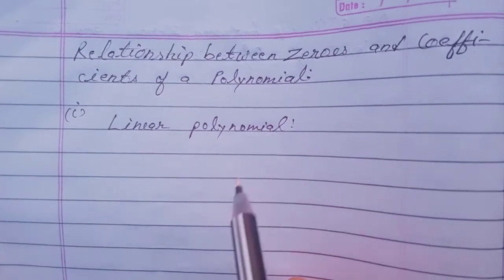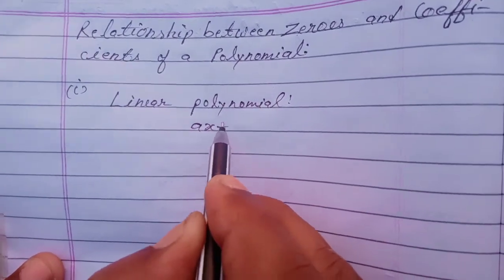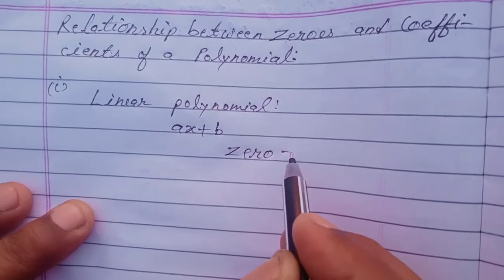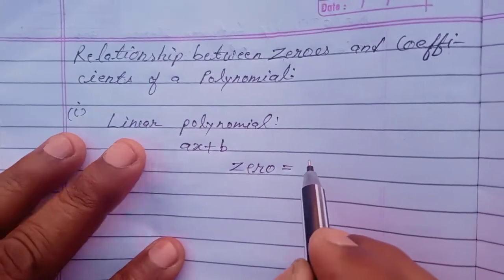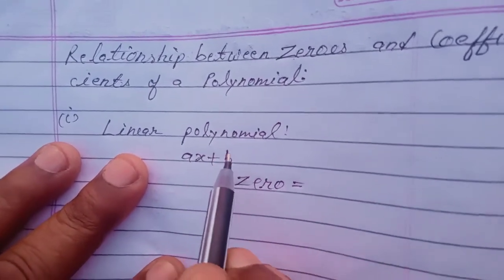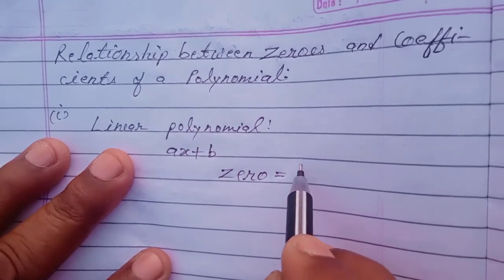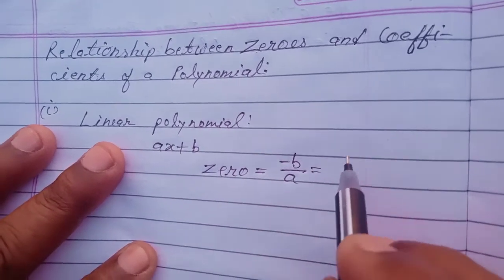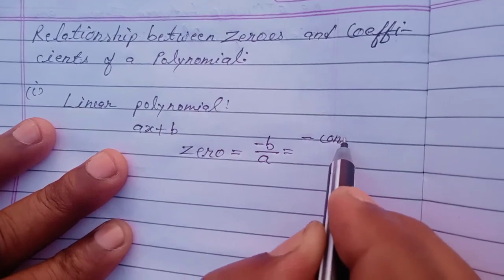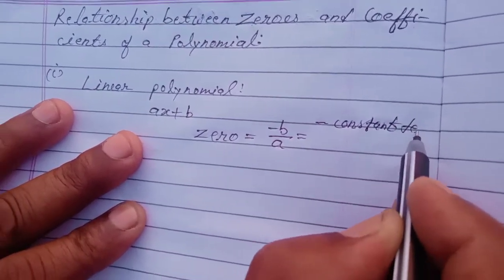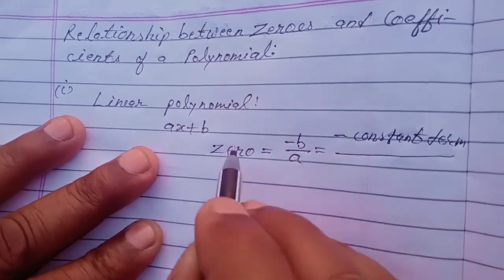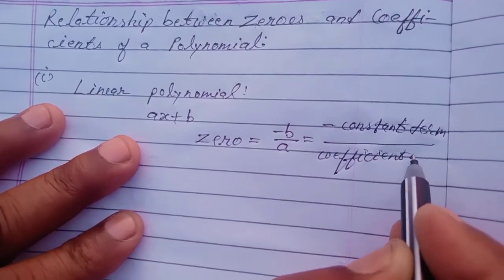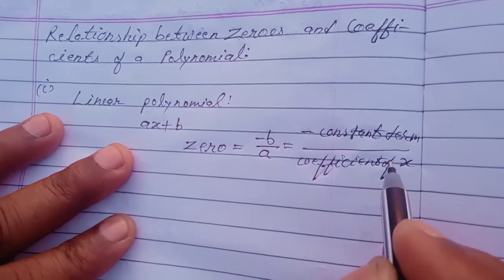So first we see a linear polynomial, ax + b. The zero of the linear polynomial: if this is 0, transpose b to the right side, so x = -b/a, which is equal to minus the constant term upon the coefficient of x. Okay.